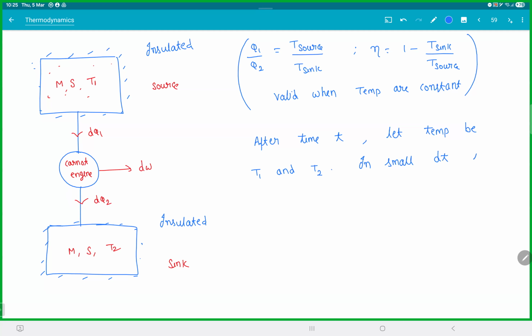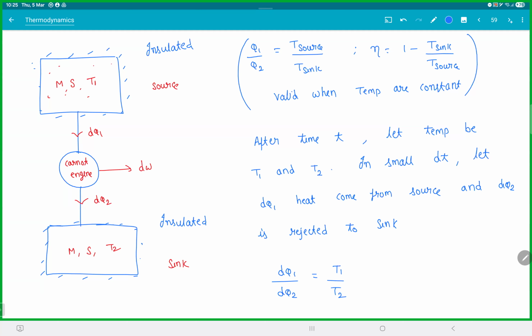In small time dt, let dq1 heat come from the source, and dq2 heat be rejected to the sink. So we can write dq1 by dq2 will be T source by T sink, that is T1 by T2.